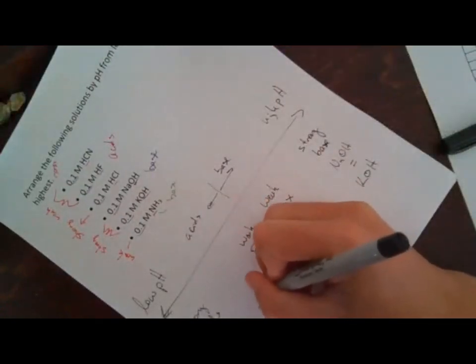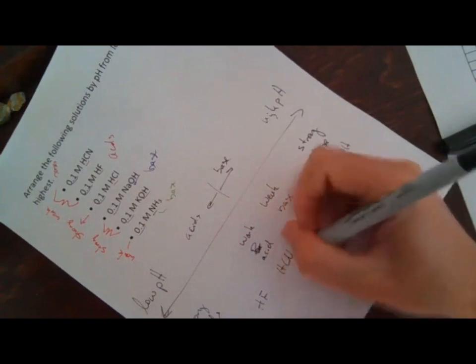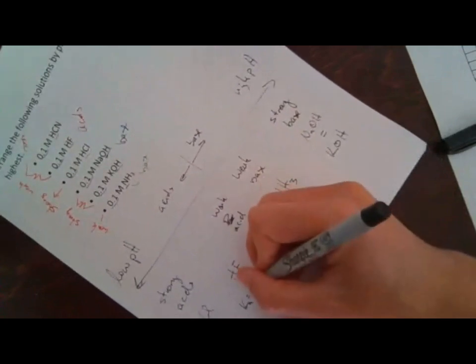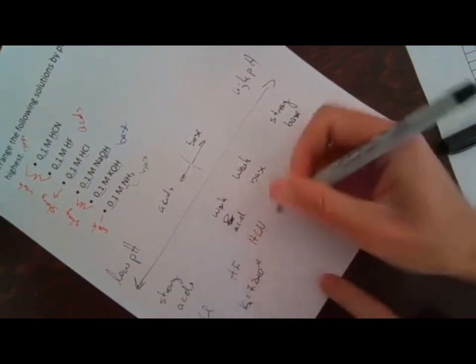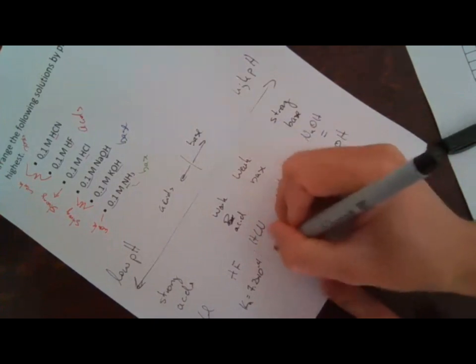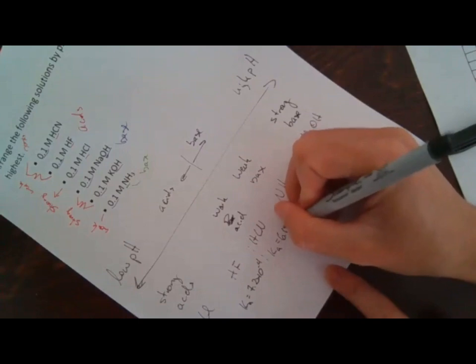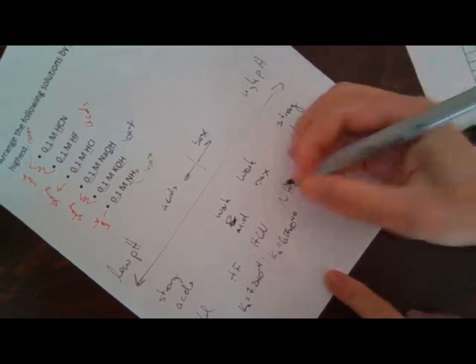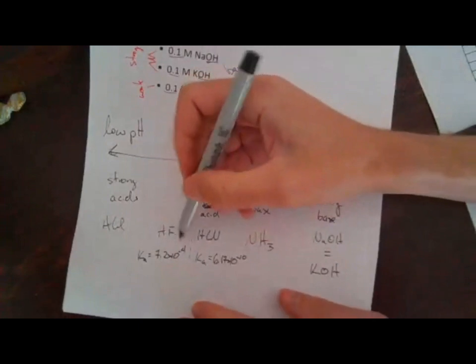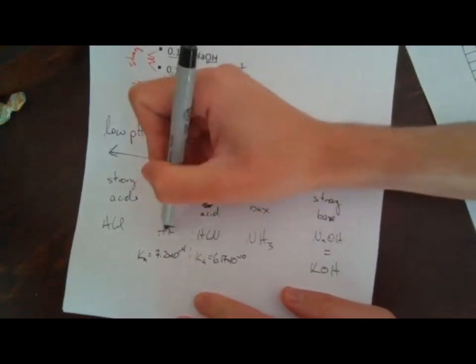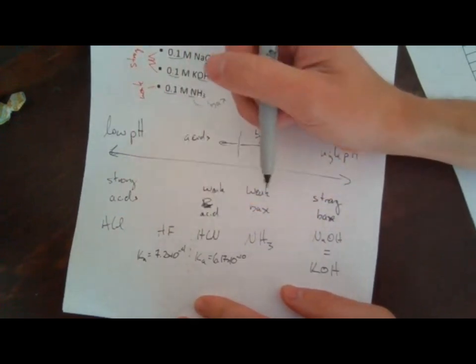So we can see that the relative ordering on this would be you'd have HF and then HCN, because here the Ka of HF was 7.2 times 10 to the negative 4. And for HCN, Ka was equal to 6.17 times 10 to the negative 10. And so because this number, negative 4, is less negative than negative 10, HF is a stronger acid than HCN.